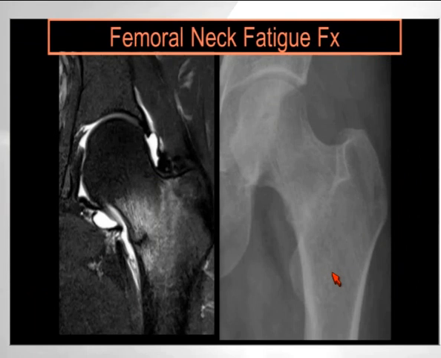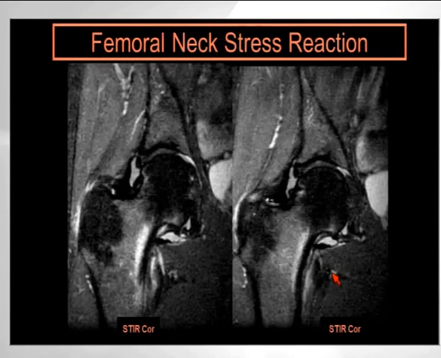This is another case, more subacute, where there is more sclerosis and still marrow edema and thickening on the radiograph. And sometimes you may not even see fracture. You would just see marrow edema beneath it. This we call stress reaction. And stress reaction is nothing but just microtrabecular stress fracture, which we are unable to see, even on MRI.